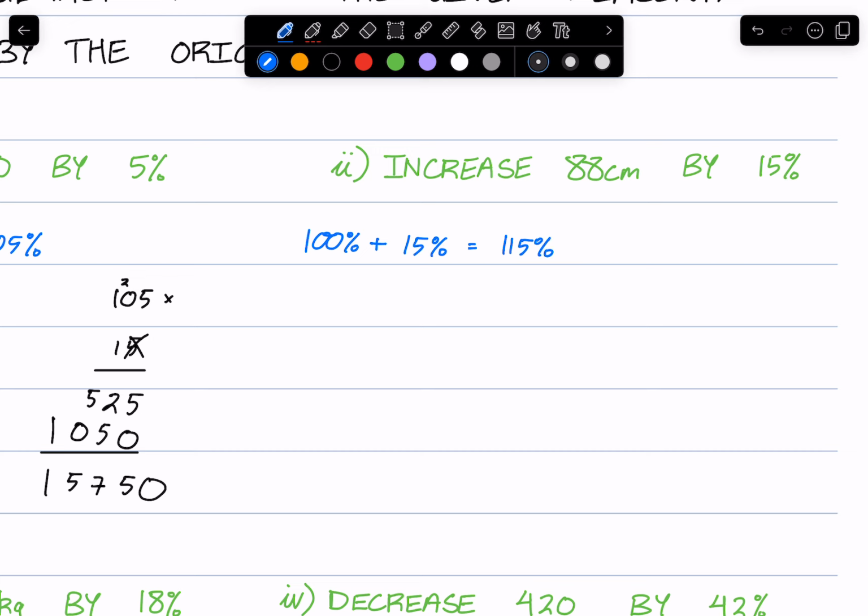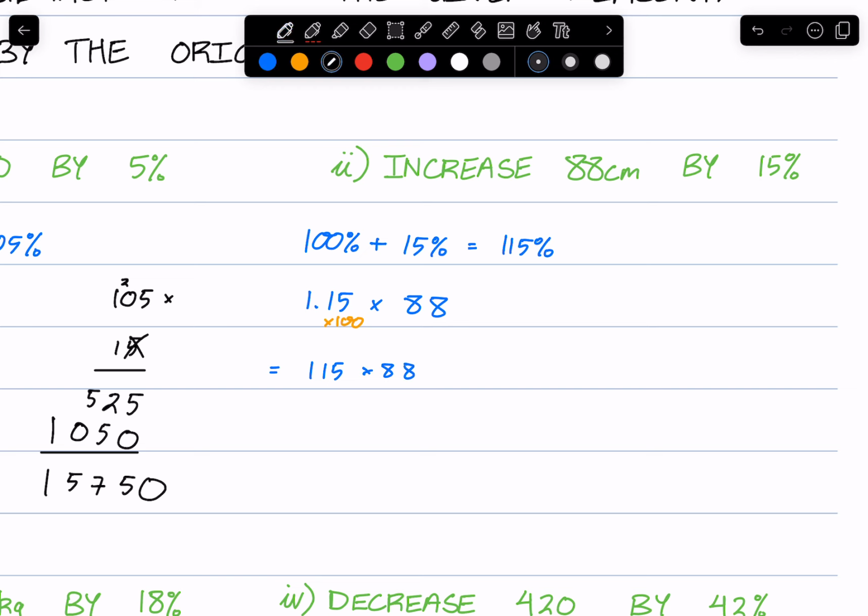And as a decimal, this will become 1.15 times the 88 that we are working with. And once again, at this point, we need to make this into a whole number. So we are multiplying by 100, giving us 115 times 88.